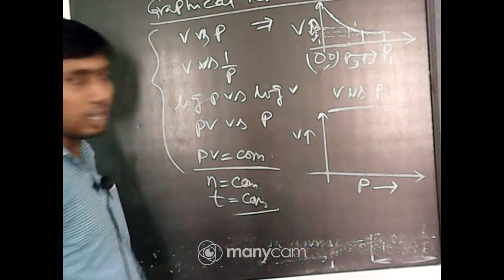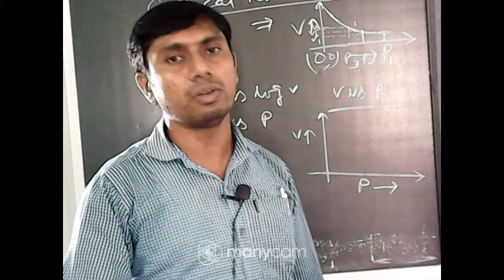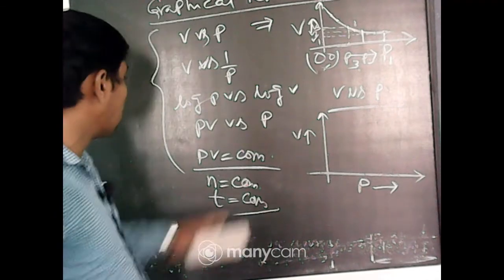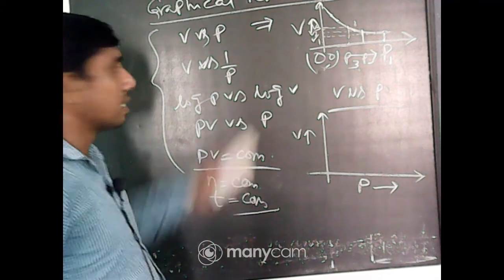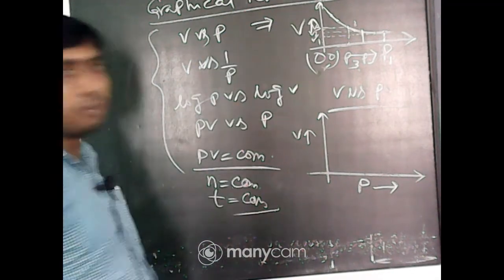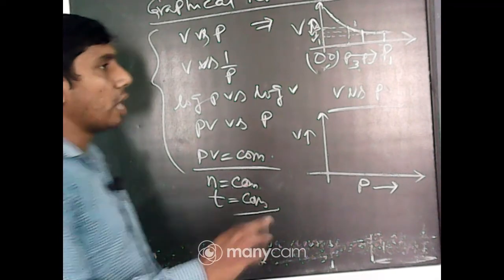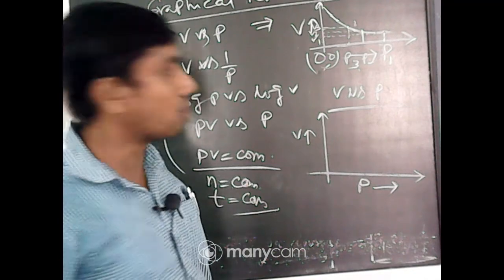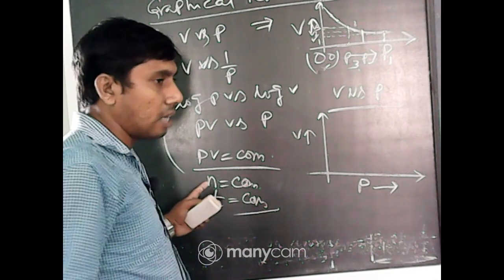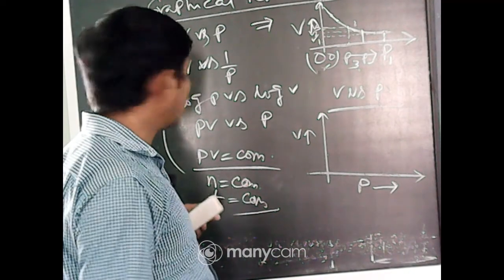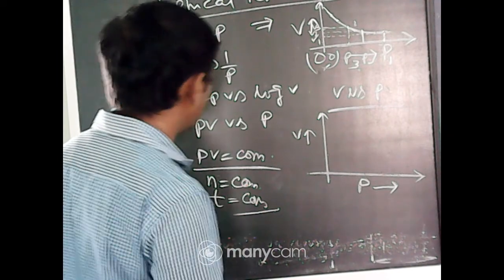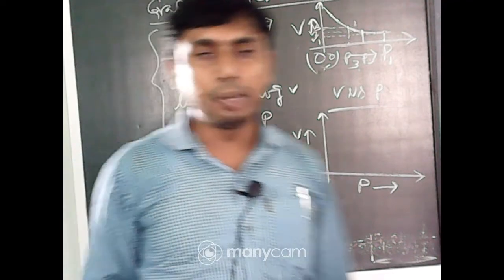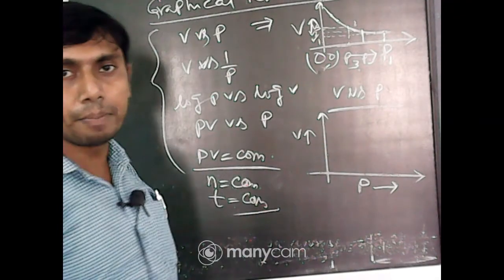I just told you that when the temperature is increased, the volume will change. So, as I told you at first, the parameters are P, V, N and T. We have to correlate two parameters while the other parameters are constant. So here N, the amount of gas, and T, temperature, remain constant. When the temperature increases, the volume will also increase, keeping P constant.